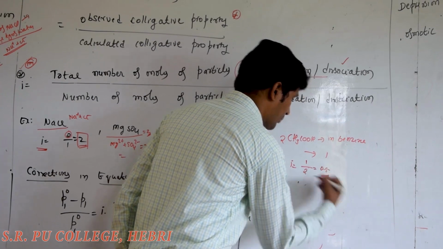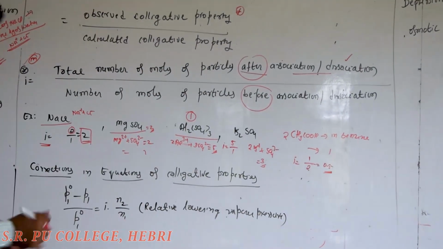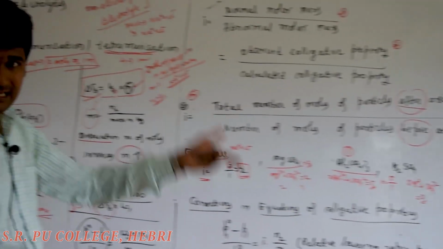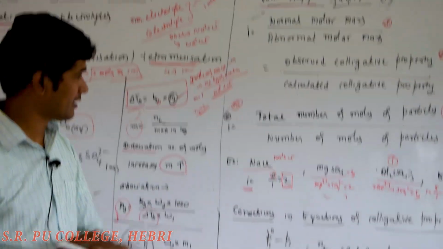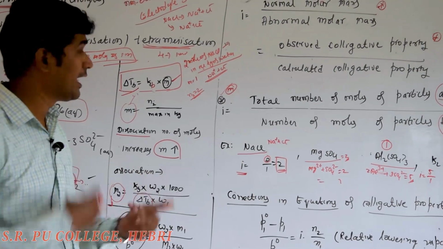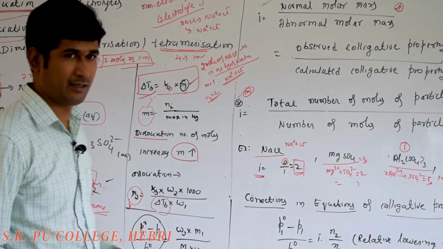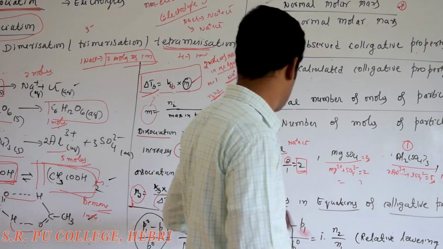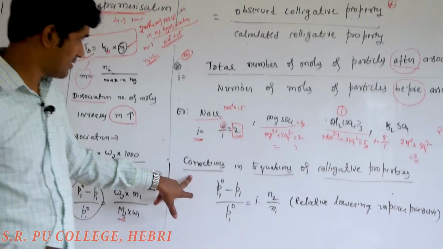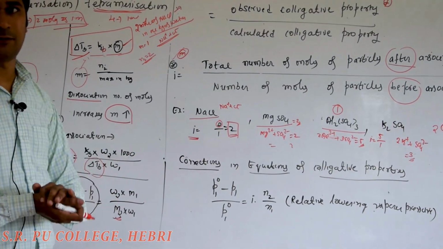So i is equal to 0.5. During association, the value of i is less than 1. If association occurs, the value of i is less than 1. If dissociation occurs, the value of i is always greater than 1. Remember this.